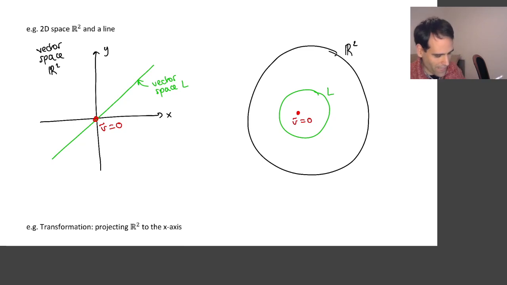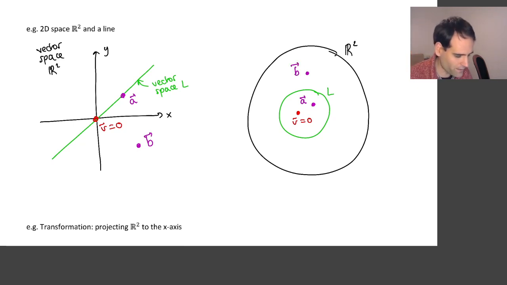But now, every possible vector is either, for example, this one here, A, inside the bag of the line, or, for example, this one here, B, outside the bag. And it doesn't matter where I draw it in the Venn diagram. What matters is if a point is inside a vector space or not. That's what Venn diagrams are for. So this is how we can represent vector spaces using Venn diagrams.